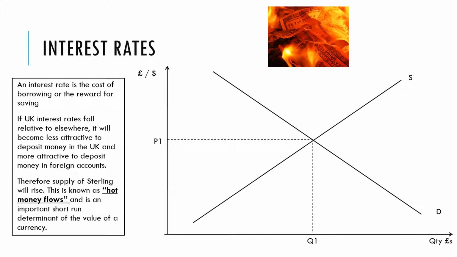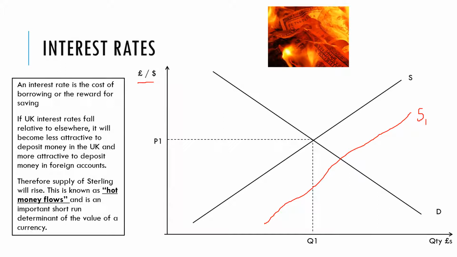So again, I can illustrate the impact of this. Here we have my marketplace, the pound against the dollar, and let's imagine that UK interest rates are lower compared to the US, or UK interest rates are reduced to below the level of the US. What would be the case? Well, first of all, I would see an increase in supply, people in the UK selling their pounds and buying dollars so they can move their money to America.